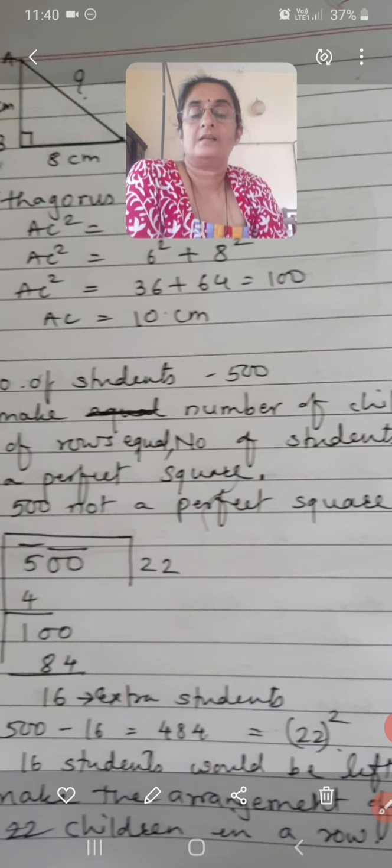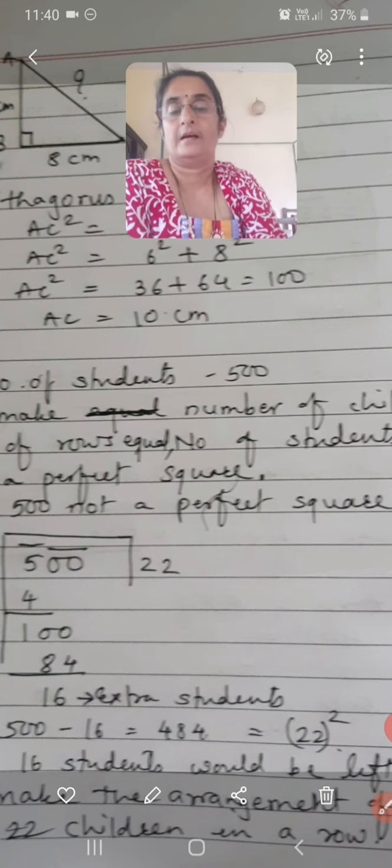So there it was equal, and for that you need a perfect square. Here also, to find the number of rows and the students in each row, the number has to be a perfect square only. If 500 were a perfect square, you could make it, but is 500 a perfect square? No. So we have to find a perfect square number from that, so that many rows and columns can be made.